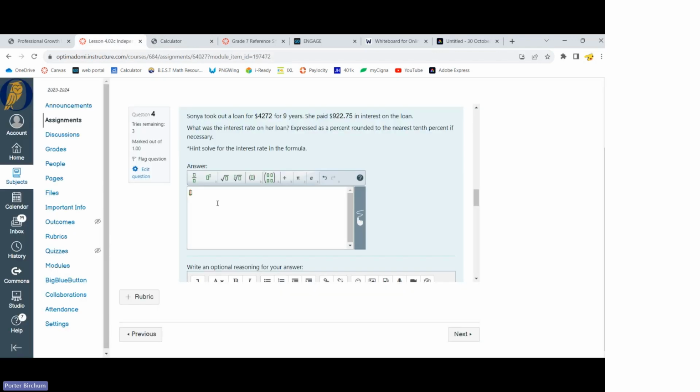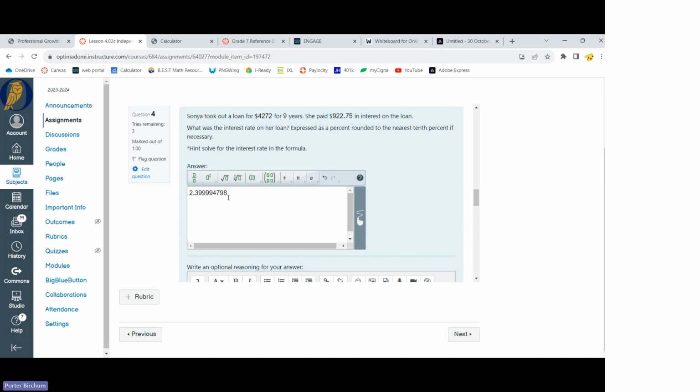I know the question told me to round, but I don't remember what I round to. So first, I need to turn this into a percent. So I'm going to move this decimal 2 times to the right, or multiply this number by 100. That would give me my decimal right there. Okay. Oh, looks like I have a leading 0, so I can get rid of that 0.